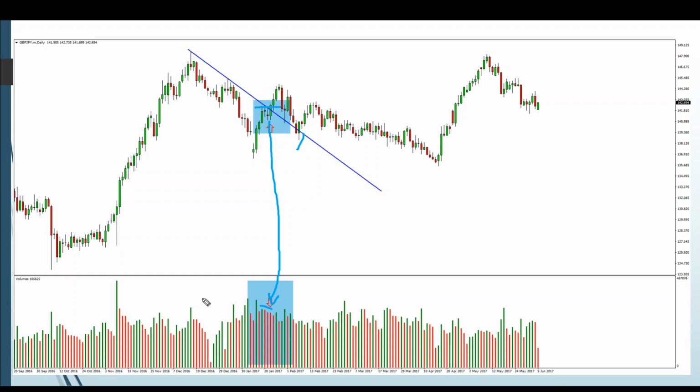Interesting. Why? Right? And that brings up the question, is this trade really going to work or not? You will see many times these conditions not met, meaning the volume is decreasing and yet the price is flying.